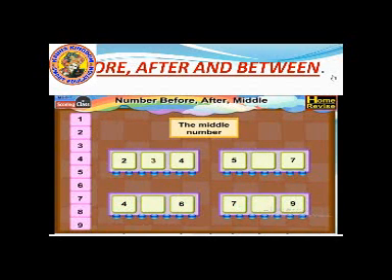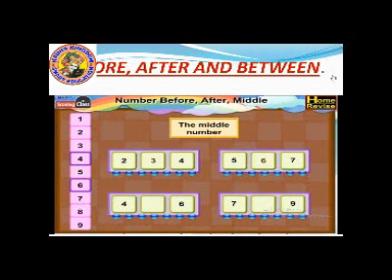Now the next is 5 dash 7. What comes between 5 and 7? Right, it is number 6. So write 6 in the block as it is the middle number. Now, what is the middle number between 4 and 6?